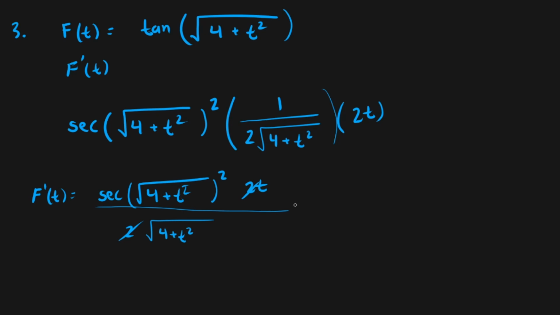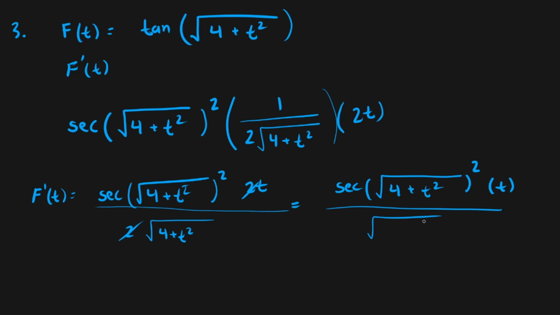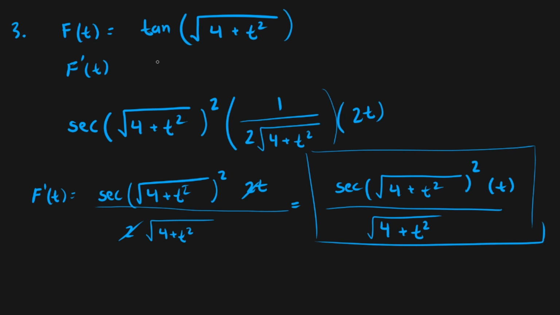The 2's can cancel out, and you'll be left with secant squared of the square root of 4 plus t squared, times t in the numerator. In the denominator, you'll just have the square root of 4 plus t squared. This is the derivative of tangent of the square root of 4 plus t squared.